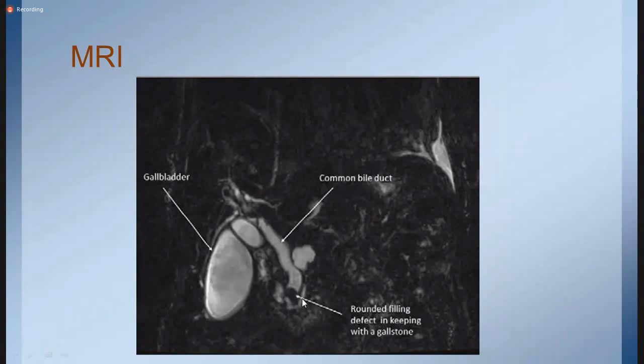Now we have an abnormal MRI image of the abdomen demonstrating a large rounded filling defect in the distal common bile duct associated with mild proximal dilatation of the common bile duct, representing cholelithiasis, or the stone or calculi in the common bile duct. This is normal anatomy of the gallbladder.